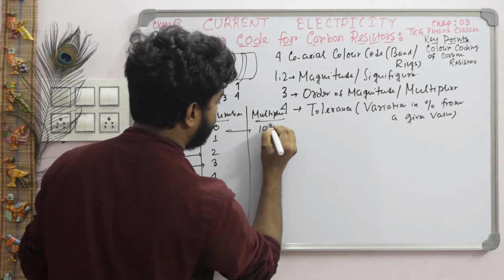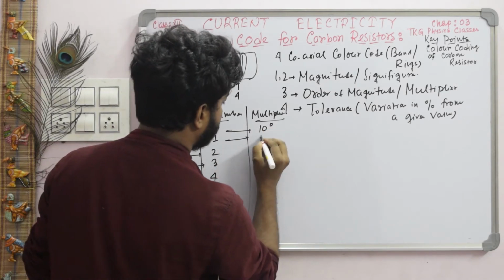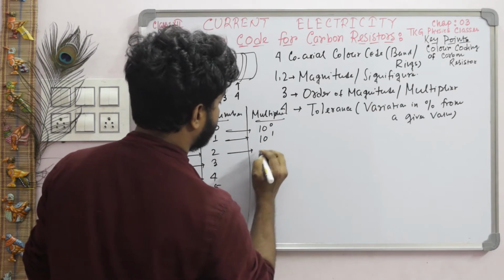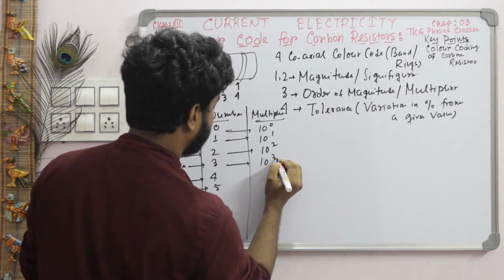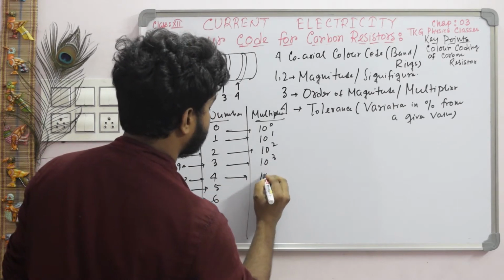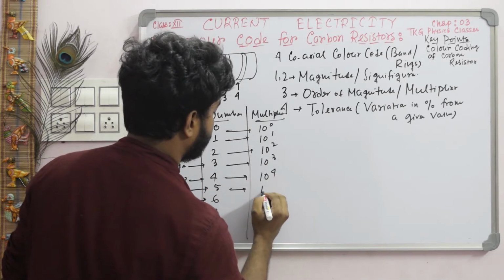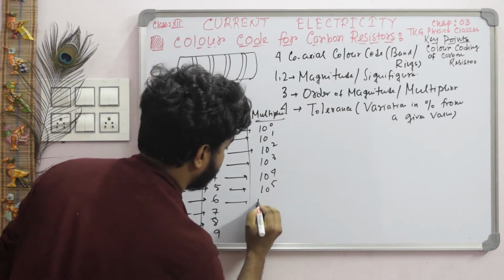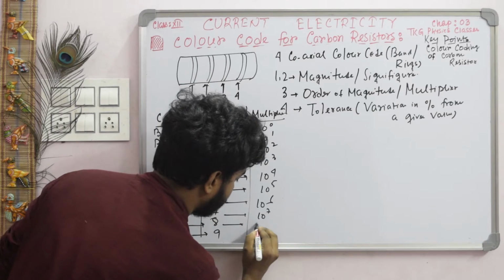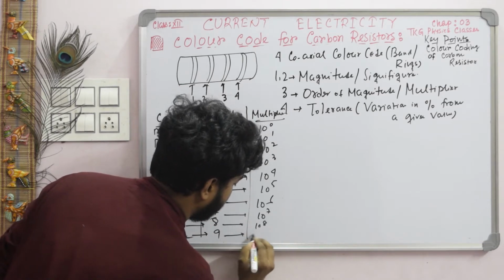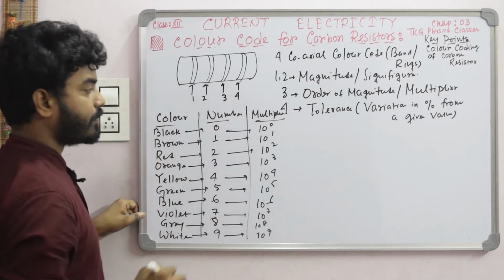This is 10 to the power 0, for 1 that is 10 to the power 1, for 2 that is 10 to the power 2, for 3 same 10 to the power 3. In this way this is 10 to the power 4, 10 to the power 5, this one is 10 to the power 6, this one is 10 to the power 7, for 8 10 to the power 8, and for 9 that is 10 to the power 9.